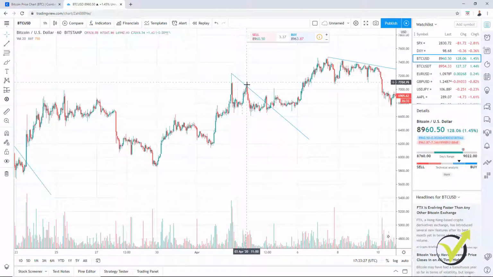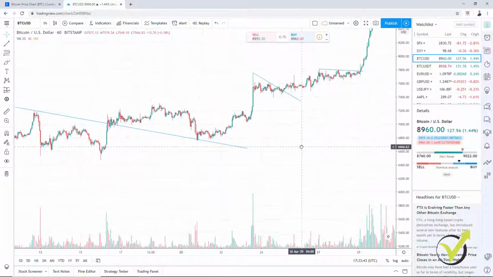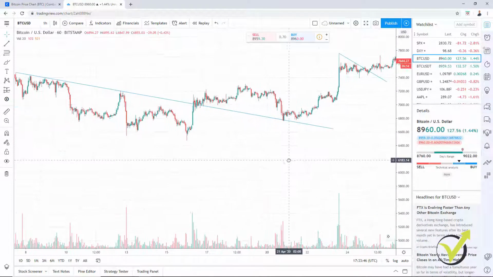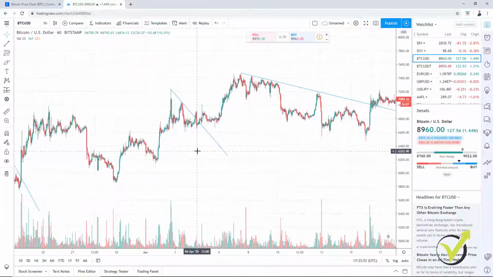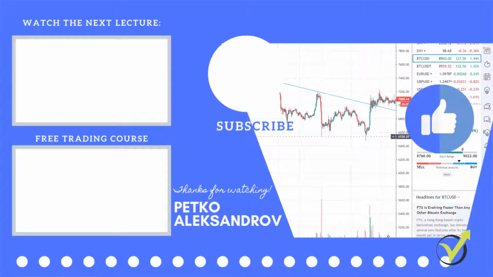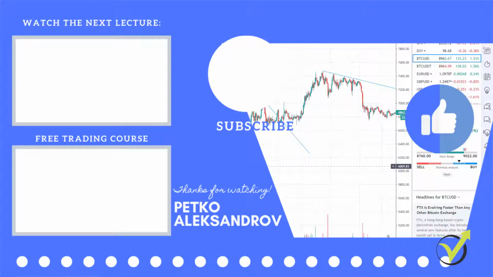Price goes up and down, forms higher highs, higher lows, then it fails to take the high, then I draw the counter trend line, and when it breaks it, I buy, and I buy again, and I buy again. So these are the different entries for me when I'm investing in cryptocurrencies, and there is one tiny little thing that I'm looking for before I buy, and I will show you that in the next lecture, so stay with me.